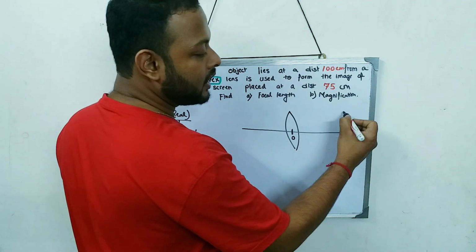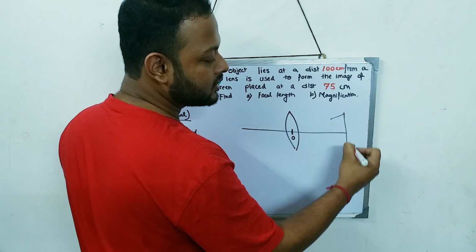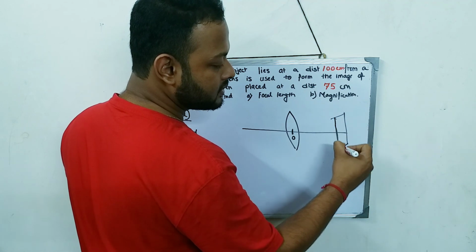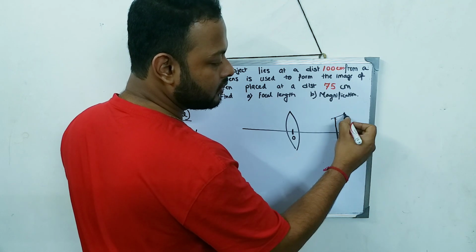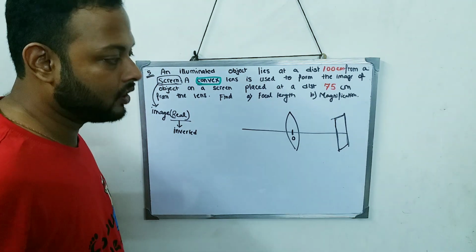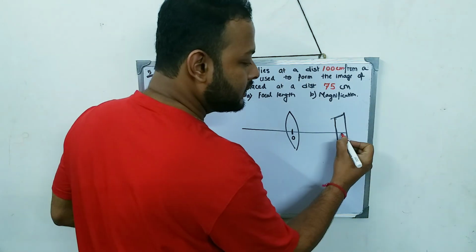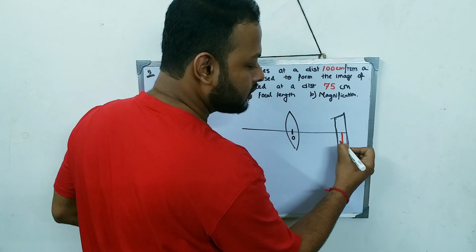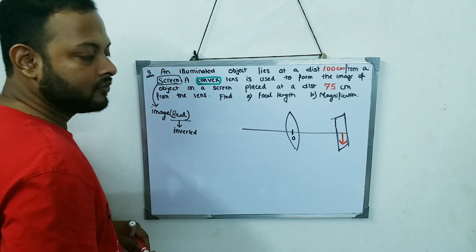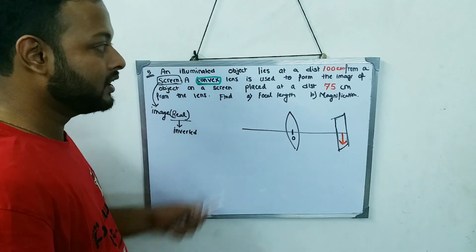So firstly, I will prefer to draw a screen. Suppose this is my screen. And where is my image? The image is like this, inverted, formed on the screen. And where is the object from?